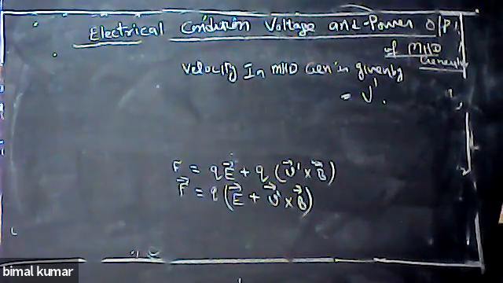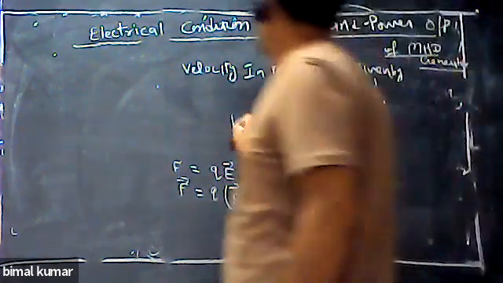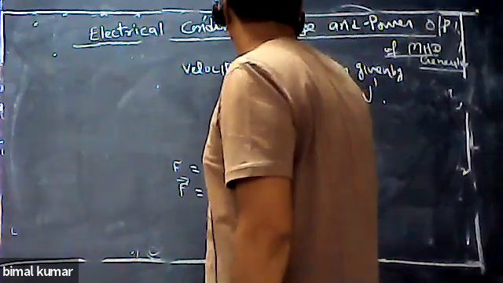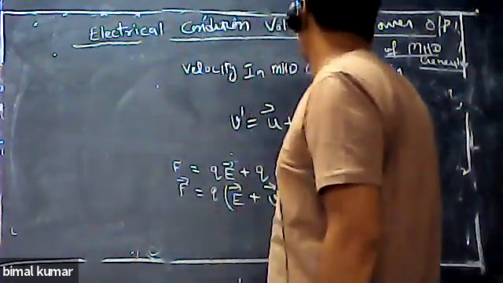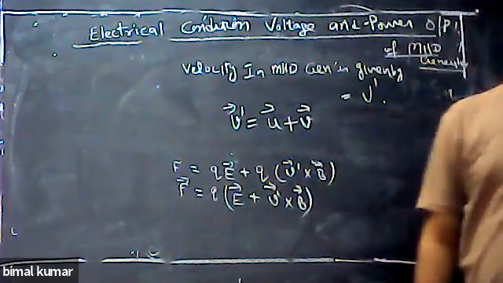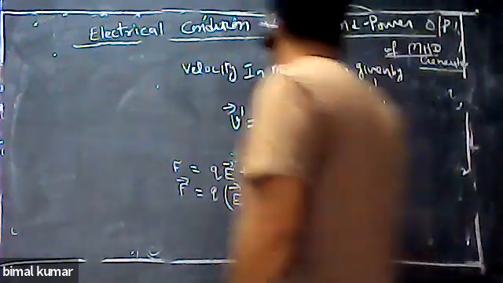Now it will be equal to the vector sum of the gas velocity U and the particle drift velocity V. So V dash will be given by U plus V, vector sum. So here, what is U?